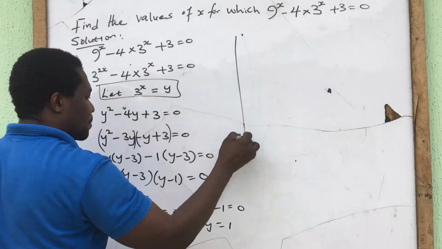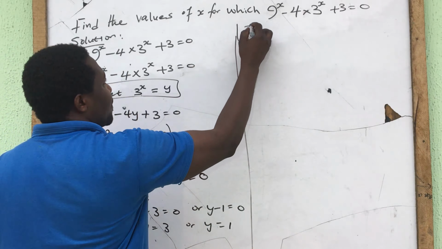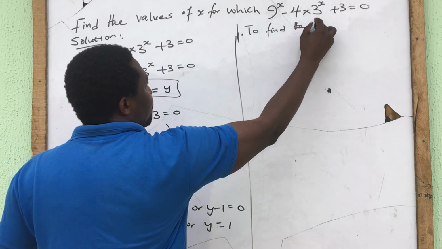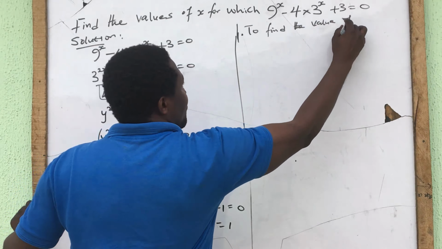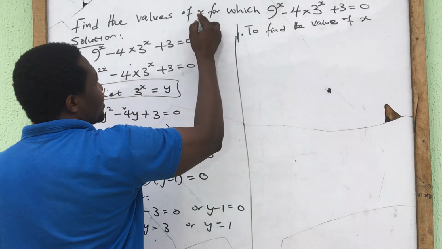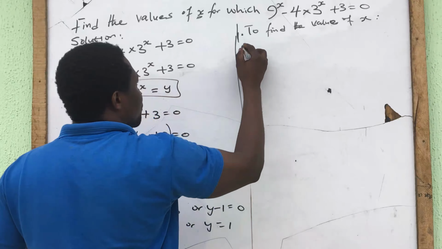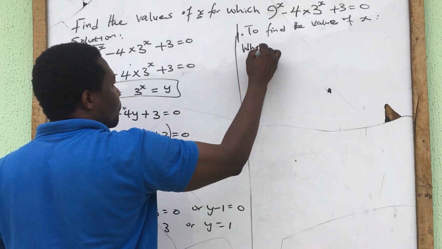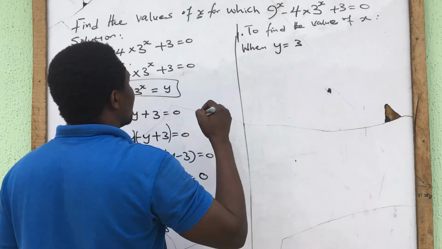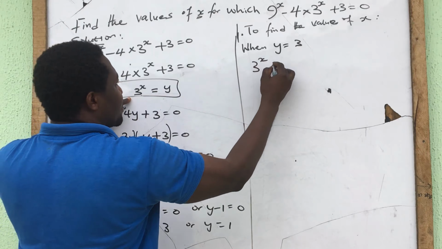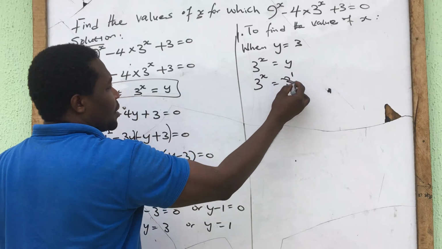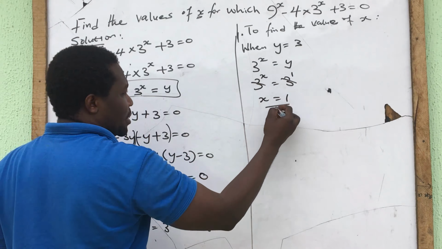So with this now, to find the value of x, when y equals 3, remember 3 raised to power x equals y, then 3 raised to power x equals 3 raised to power 1, therefore x equals 1 here.